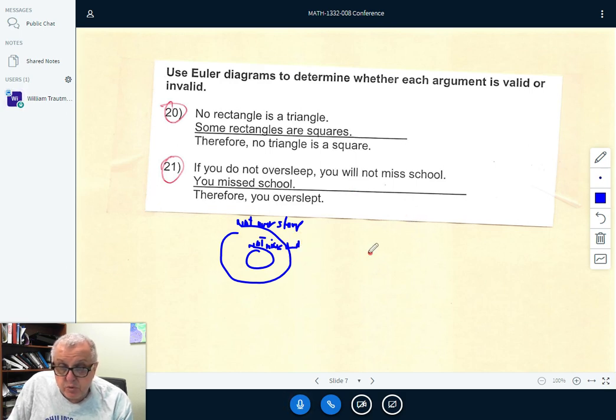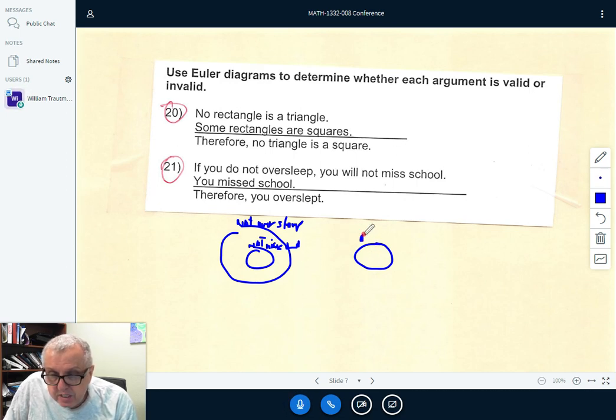Now I miss school. Miss school is not in here. Miss school is over here. Therefore, you overslept. And I'm calling this valid because there's not another way I could draw this.